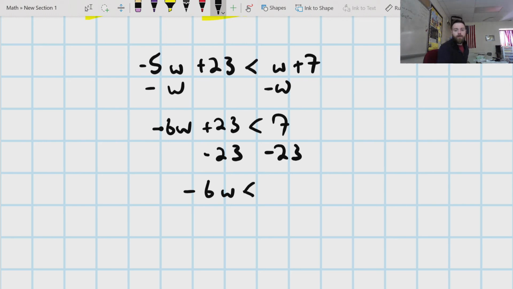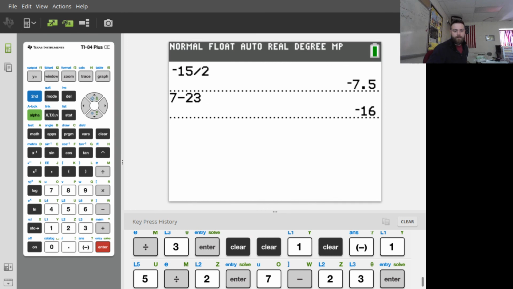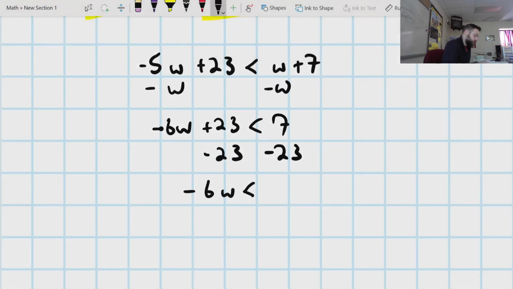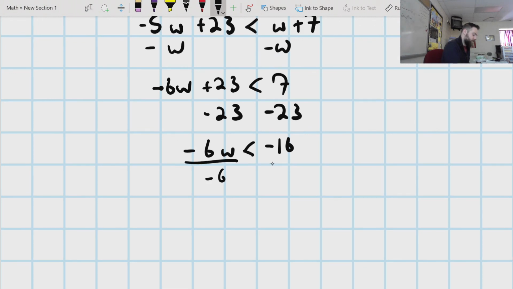So 7 minus 23 is negative 16. And then divide both sides by negative 6, and you're left with w is less than 16 over 6.